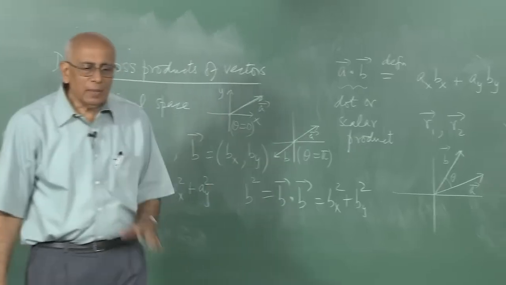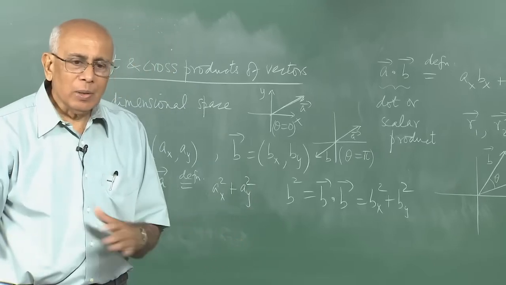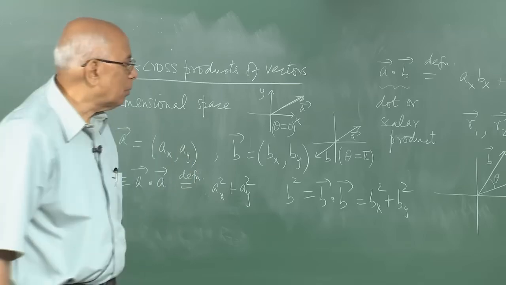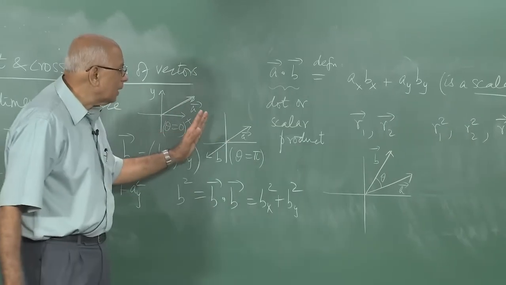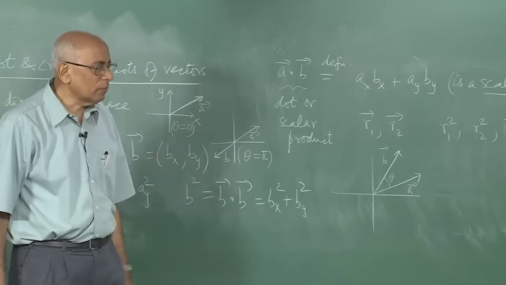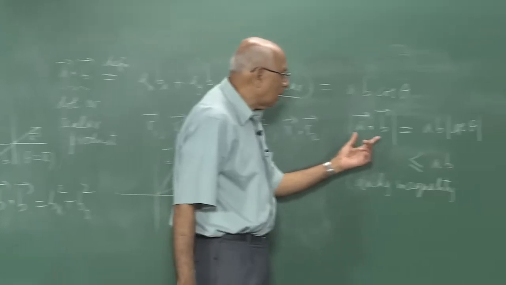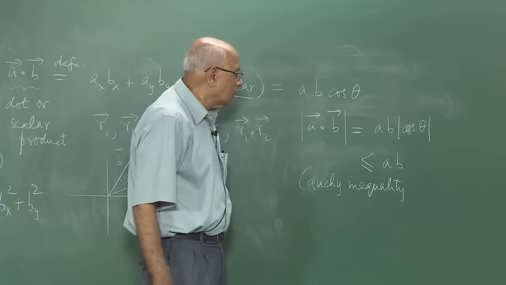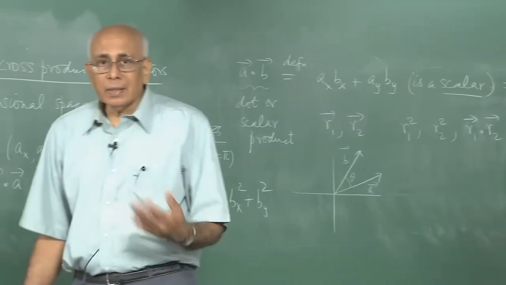In other words, B is some number times A, because that number could be negative if it is anti-parallel and positive if it is in the same direction, if it is parallel. So it says B is not in a different direction in the plane, but A and B are collinear. As soon as two vectors are collinear, then the magnitude of the dot product becomes equal to the product of their magnitudes. So this is a very important observation, and it generalizes to other dimensions.